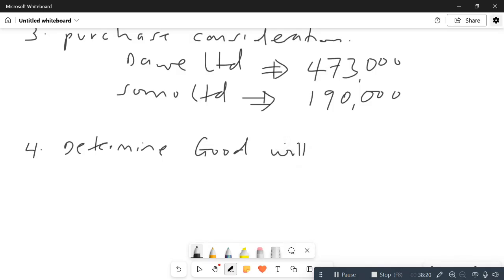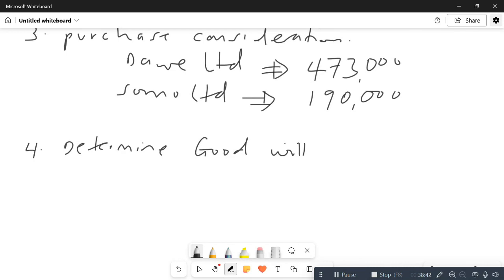Let's try to determine the goodwill. Don't forget, from our previous example videos, I told you, goodwill for this case is the difference between the purchase consideration, which you are seeing up there, for Dawe Limited, and the net assets acquired. Meaning we need step 2 and step 3 to determine our goodwill.